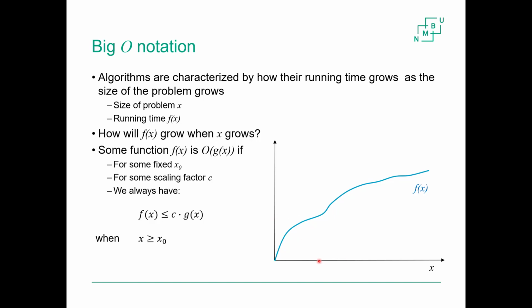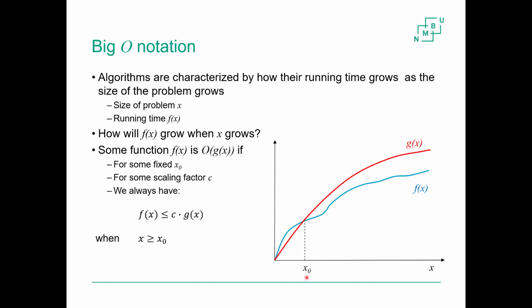And if you increase the size of the problem out here, it takes a little bit longer time to solve this problem, right? But it goes a little bit like this. And then we can imagine we have a very smooth, nice mathematical function, g(x), that looks like this. And now we can say that f(x) is big O of g(x). And why can we say that?